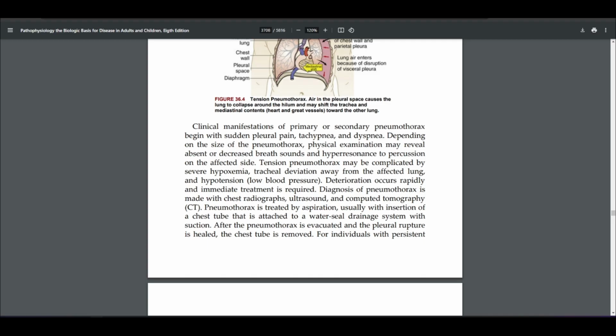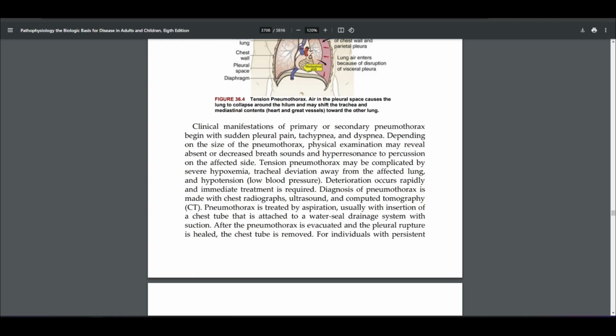Clinical manifestations of primary or secondary pneumothorax begin with sudden pleural pain, tachypnea, and dyspnea. Depending on the size of the pneumothorax, physical examination may reveal absent or decreased breath sounds and hyperresonance to percussion on the affected side.